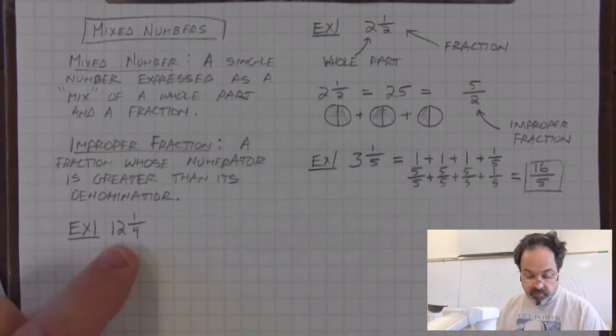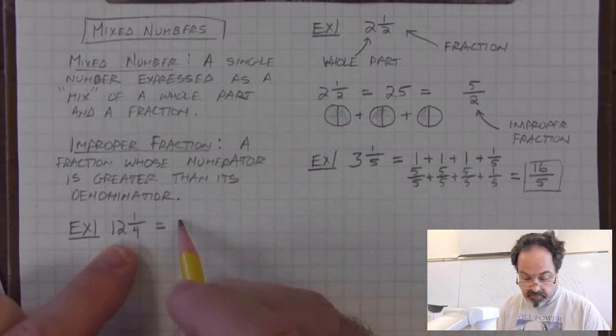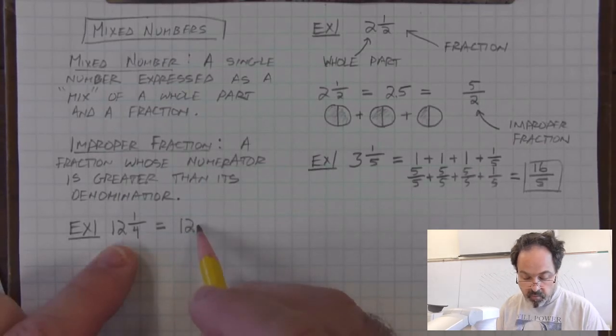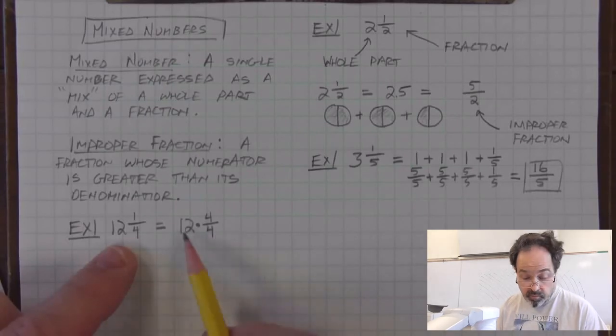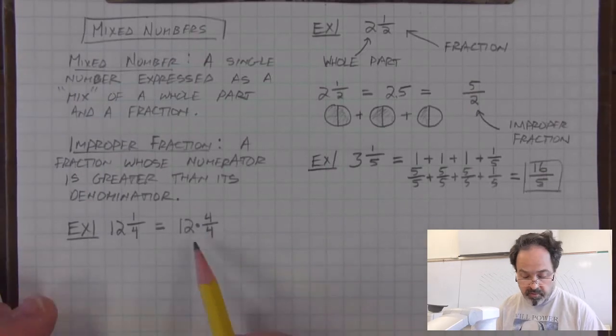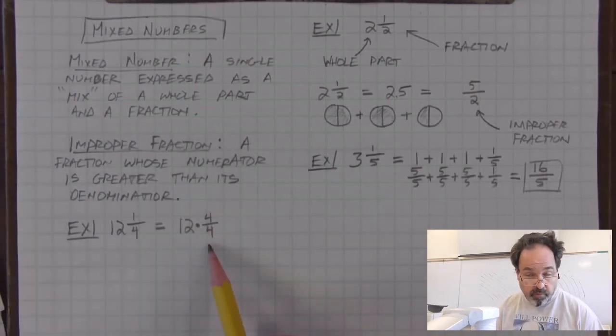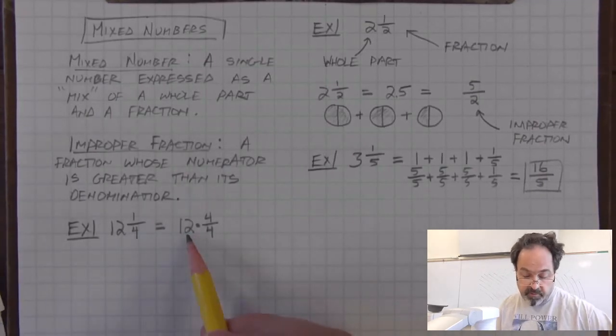If I have the mixed number 12 1/4, I can think of this as 12, and if I want to convert the 12 into quarters, I can think of multiplying by 4 over 4, a version of 1. 12 times 1 is still 12. It's not going to change the value. But if I multiply 12 by 4 over 4, which is a version of 1, then I will be able to see the whole number 12 converted into quarters.